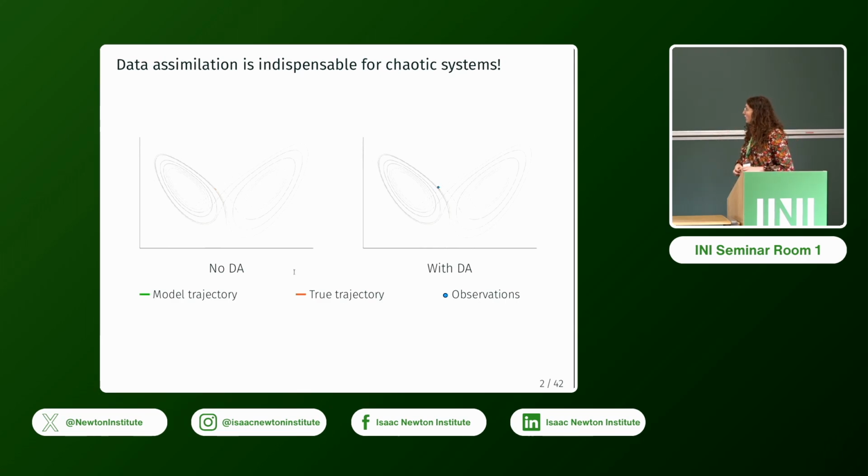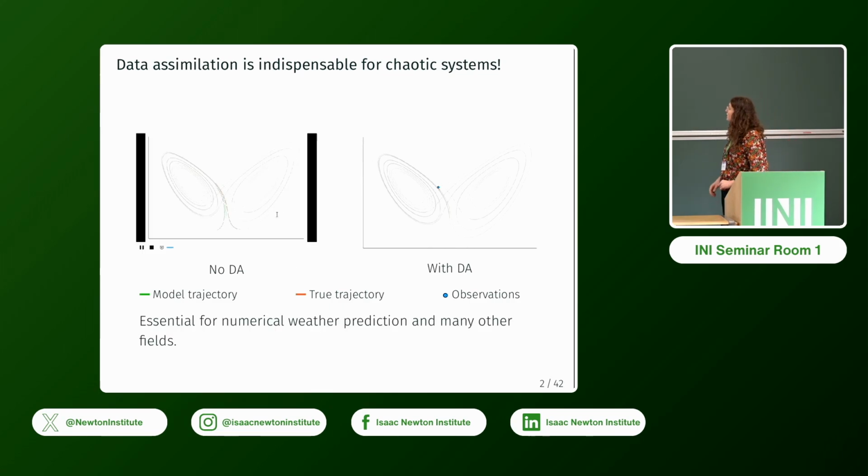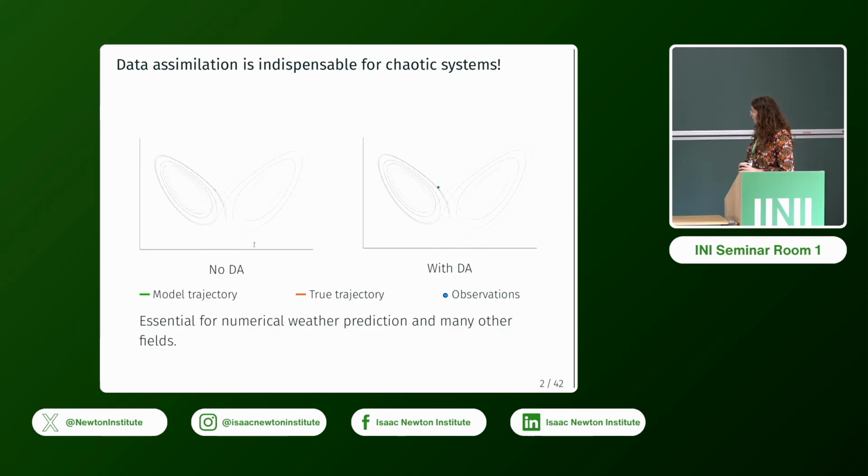I'll show a toy example here. This is the famous Lorenz system, which was one of the first models found to display chaotic behavior. In this video on the left, I'm showing two trajectories that started off very close, but they very quickly diverge in time because of the exponential growth in error.